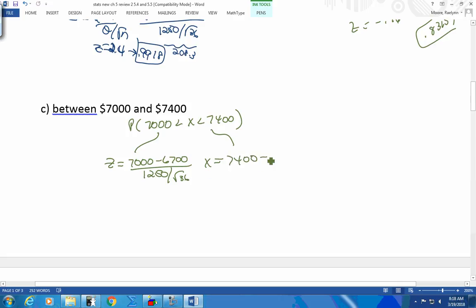When do I subtract? At the end, you subtract your areas, not your z-scores, your areas. So you're going to find your z-scores for these guys. Find your z-score for this. And then you're going to subtract your areas.